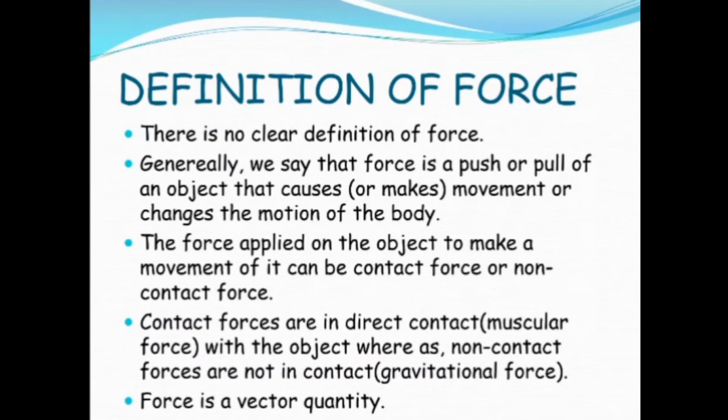And the forces which are not in direct contact with the object are called non-contact forces. For example, gravitational force. Even if the gravitational force is not in direct contact with the object, the gravitational force can push or pull an object. So it is a kind of non-contact force.